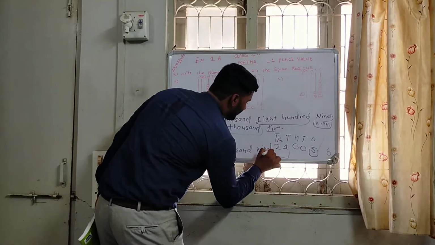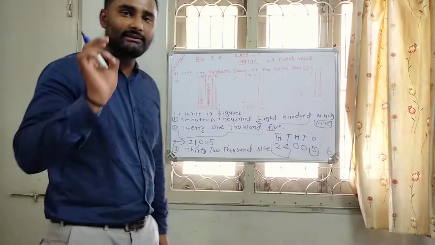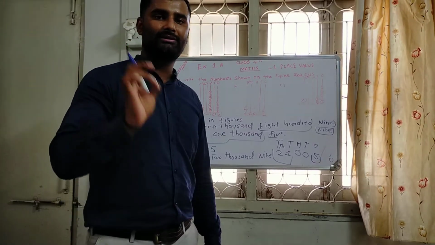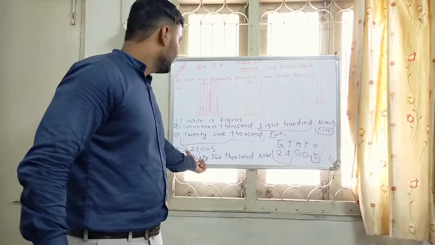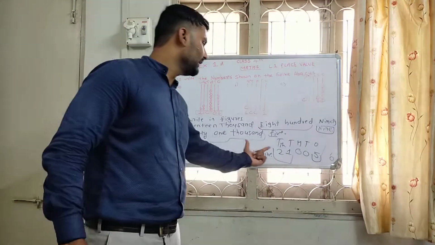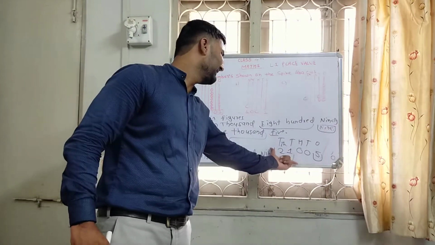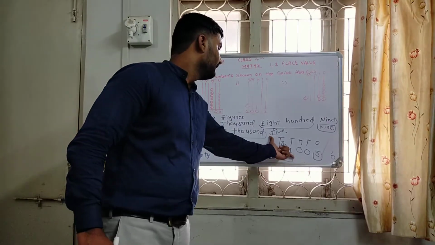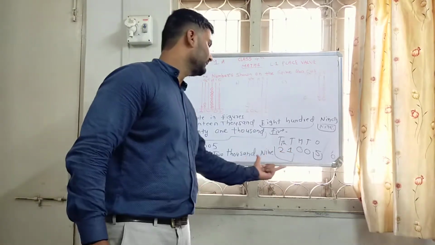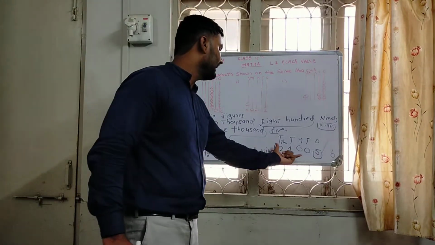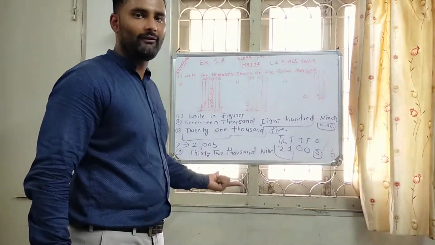The question number 3 is 32,009. Just follow the rules. Just write down the numbers in the place value chart space. Just take the numbers and write them in the answer column.